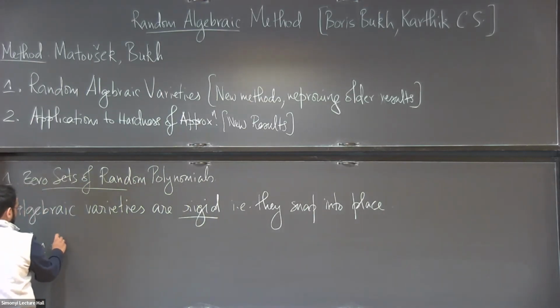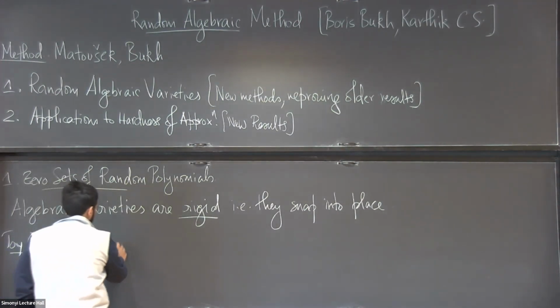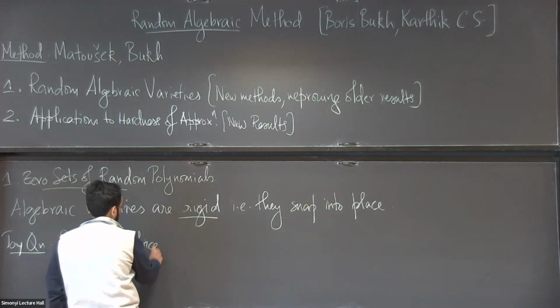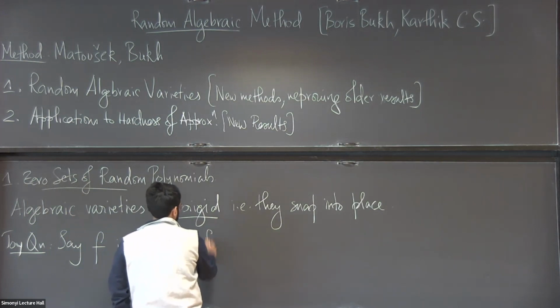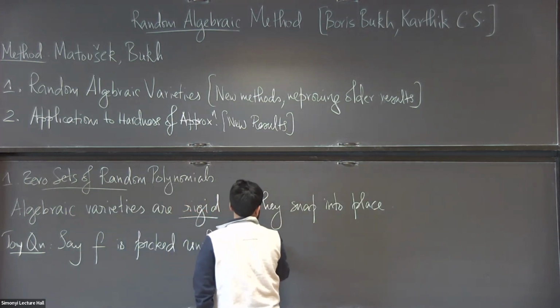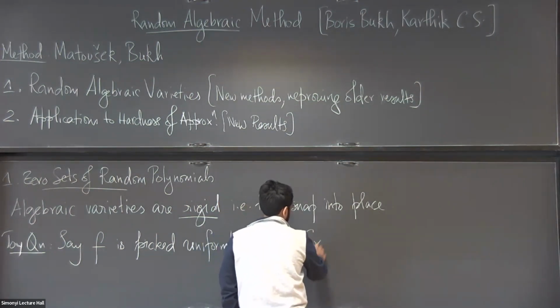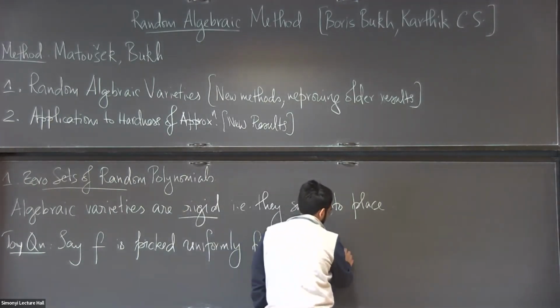So let's say that F is chosen uniformly from polynomials in one variable over F_q of degree at most d.